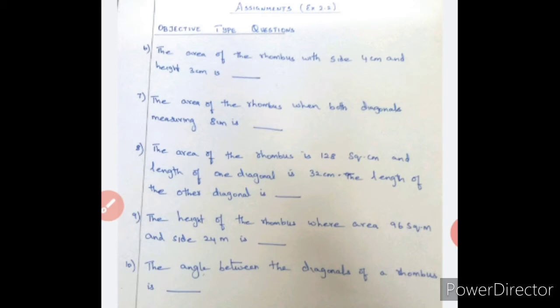Likewise, question number 7. Here the area of rhombus when both the diagonals measure 8 centimeter. Here also you are going to find the area of rhombus when the diagonals are given. D1 also 8 centimeter, D2 also 8 centimeter. So half into D1 into D2, so half into 8 into 8.